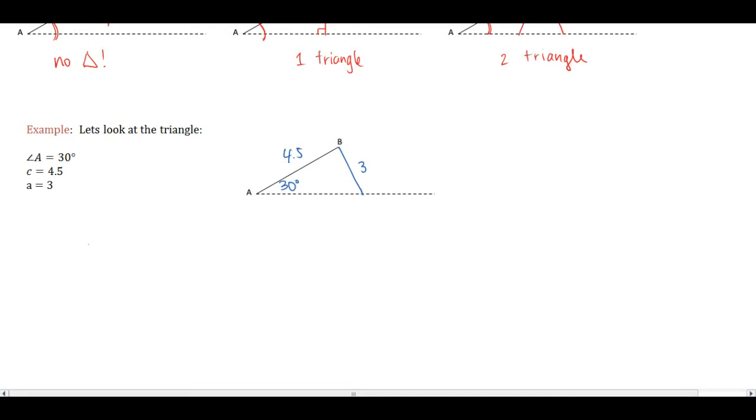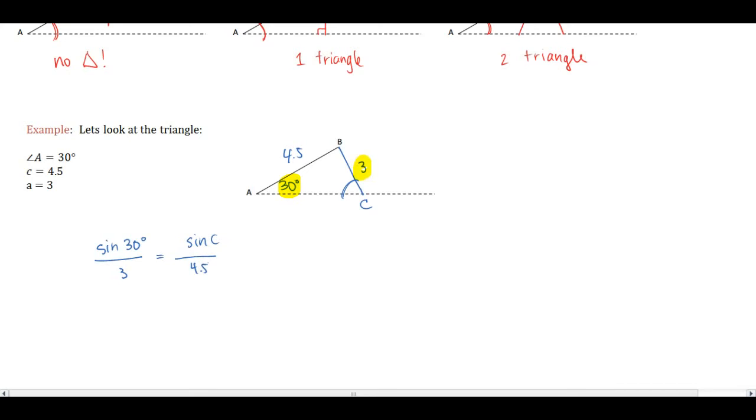But let's see. So law of sines, I look for my magic pair, and I'm like, sweet, magic pair right there. So law of sines is going to be a happy camper. What am I looking for? I'm looking for an angle this time. In fact, I'm looking for this angle, which we call C. So I'm going to put my angles on top. So I will do the sine of 30 degrees over 3 is equal to the sine of angle C over 4.5.